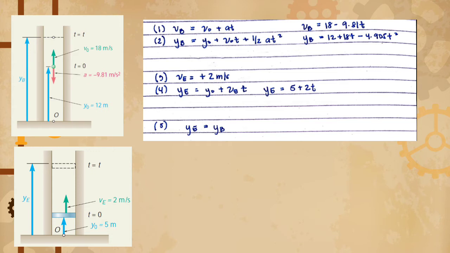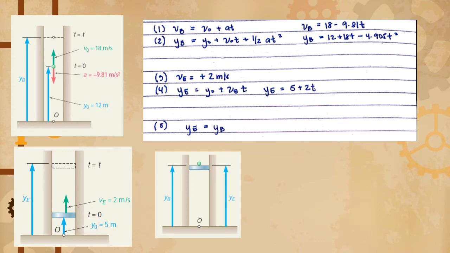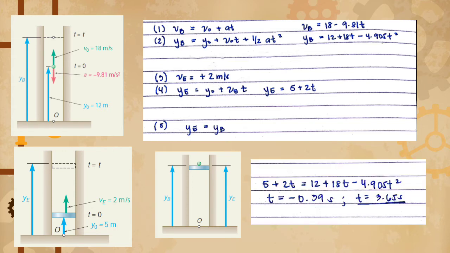We see from the figure that when the ball hits the elevator, y_e becomes equal to y_b. Substituting for y_e and y_b from equations 2 and 4 into equation 5, we get 5 plus 2 times t is equal to 12 plus 18 times t minus 4.905 t squared.